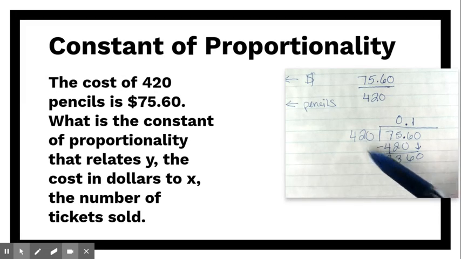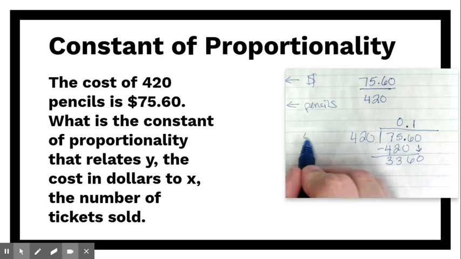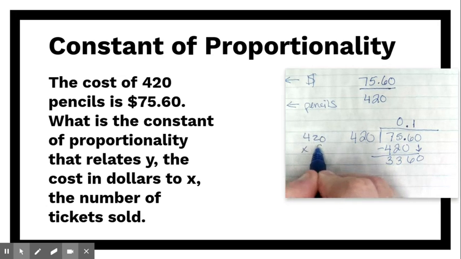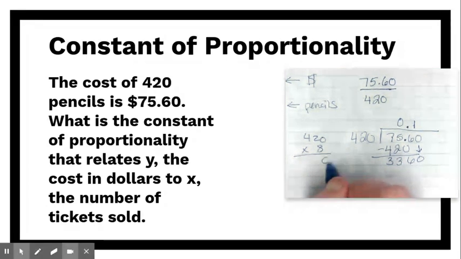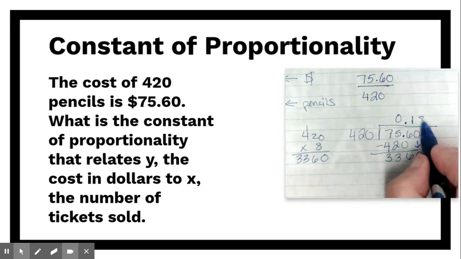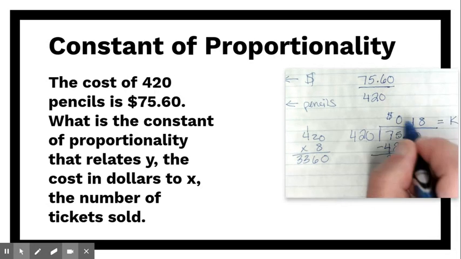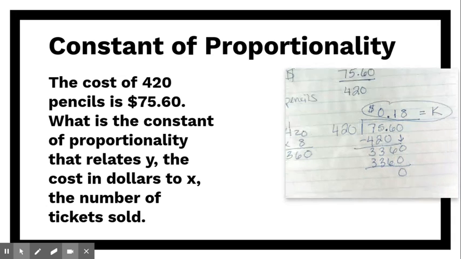Well, I know 4 times 8 is 32, and that's close to 33 here, so I'm going to do 420 times 8 and see what I get. 8 times 2 is 16. 8 times 4 is 32, plus 1 is 33. And look at it, 3,360. So my k is 18 cents.